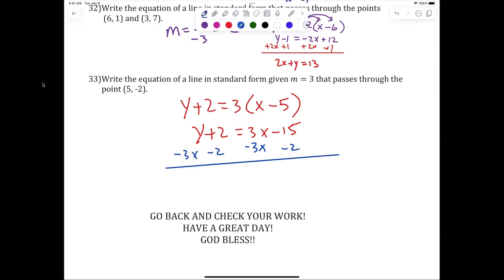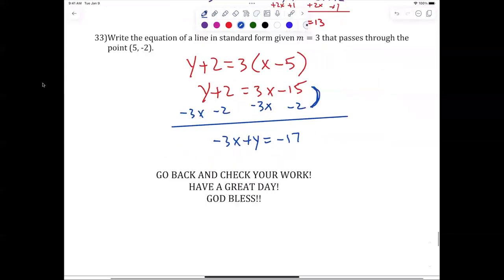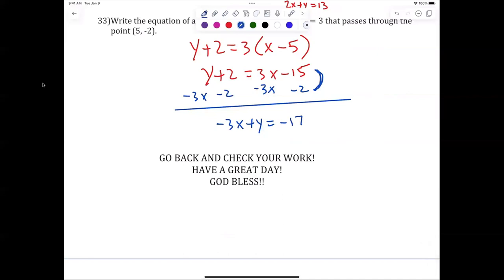Then you do negative 3x plus y equals negative 13. Be careful now. Yeah, that's okay. And then you change the sign, so you do 3x minus y equals positive 17. Yes, there we have it. 3x minus y equals 17.